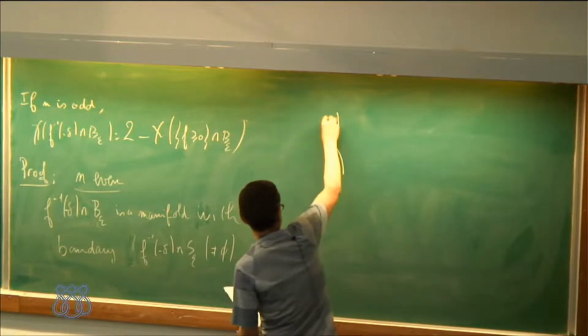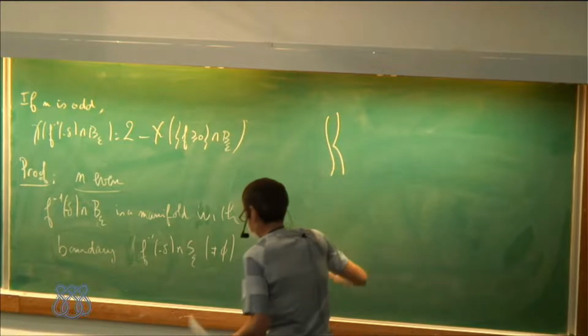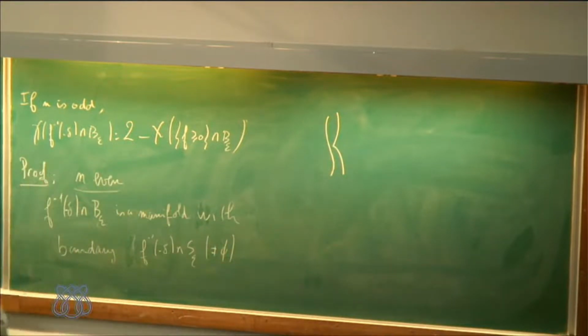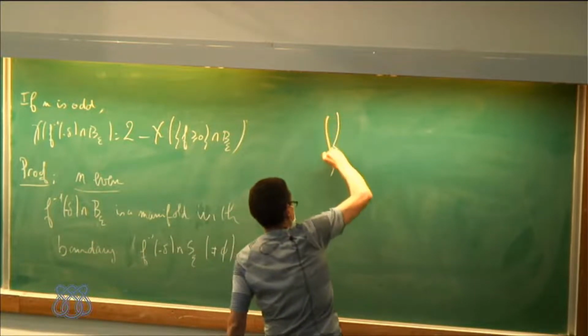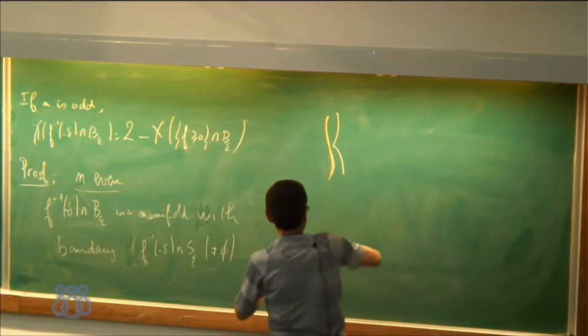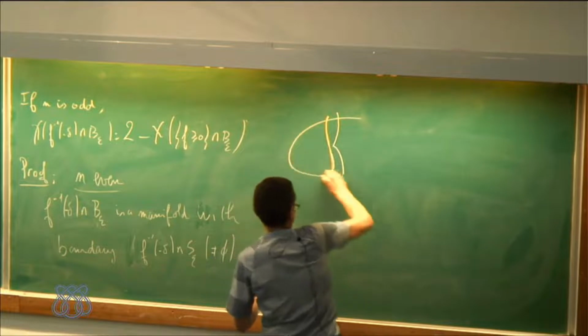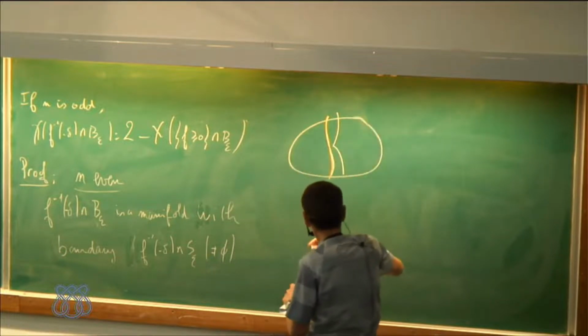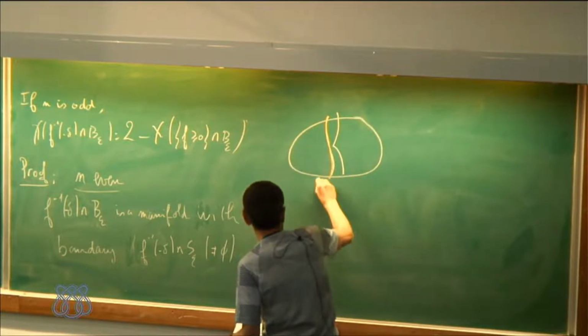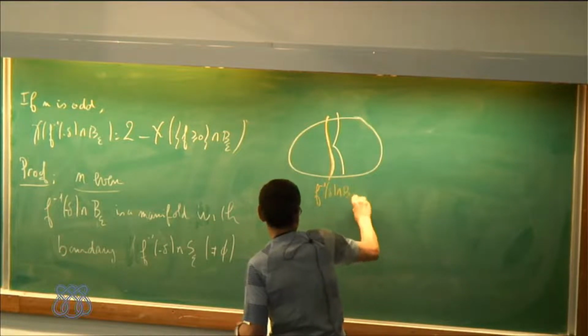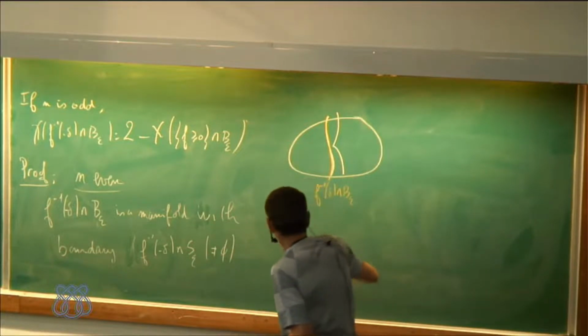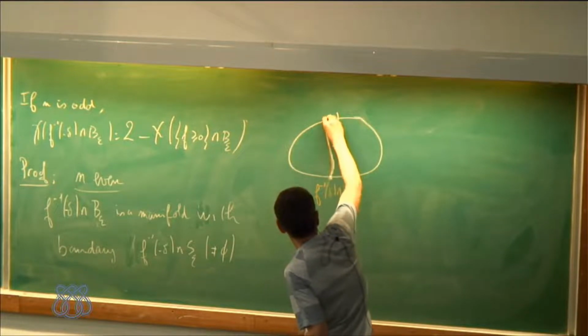This is the zero level, the negative Milnor fiber, and the ball, and here is the boundary.